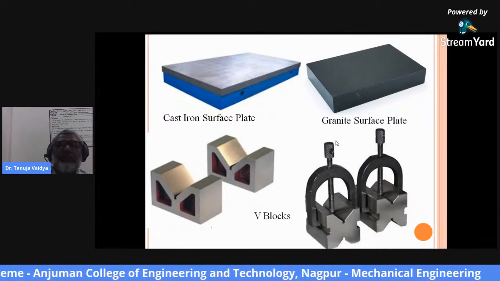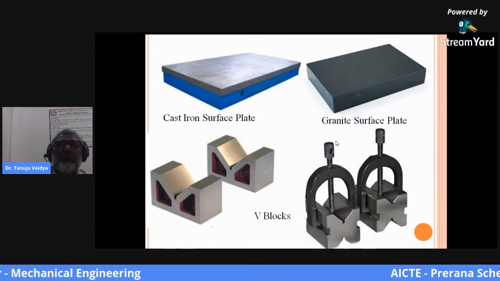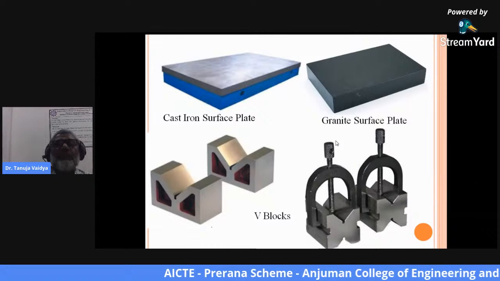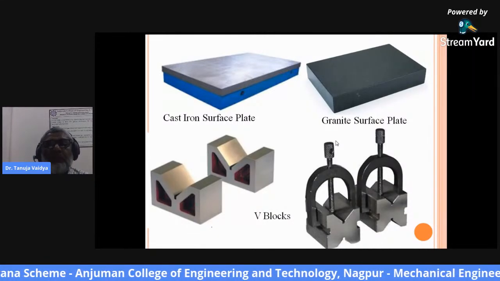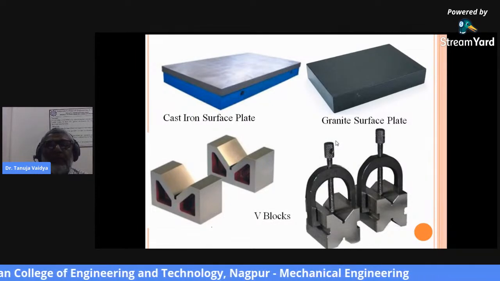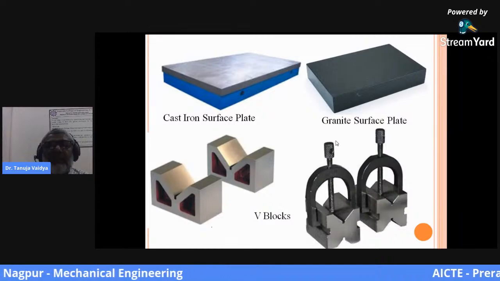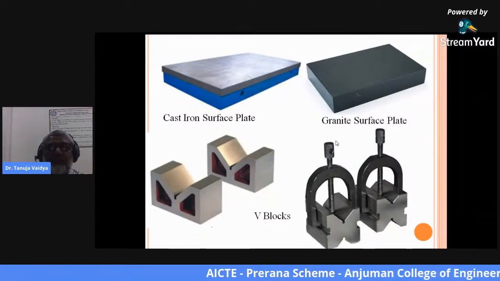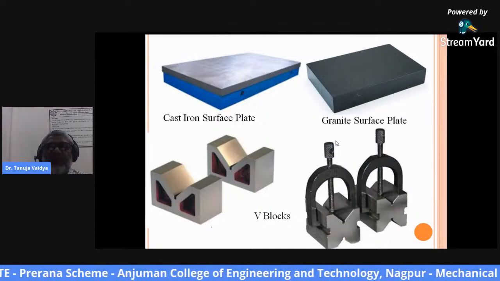The surface plates are very flat, and on that surface you can put down your parts and use the plate for measuring the exact values of the part. The surface plates are available in various materials. Generally, they are made of cast iron; granite surface plates are also available, glass surface plates are also available in the market, and surface plates of other materials are also available.